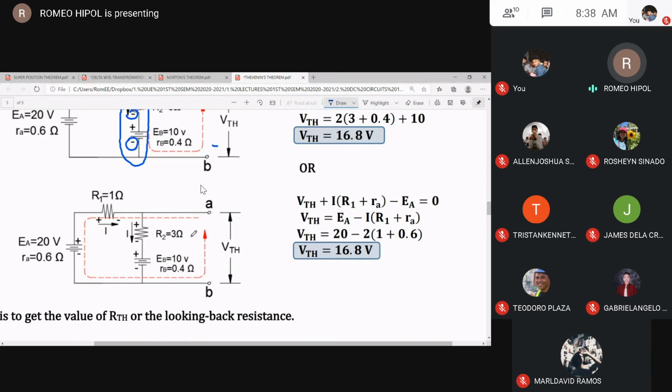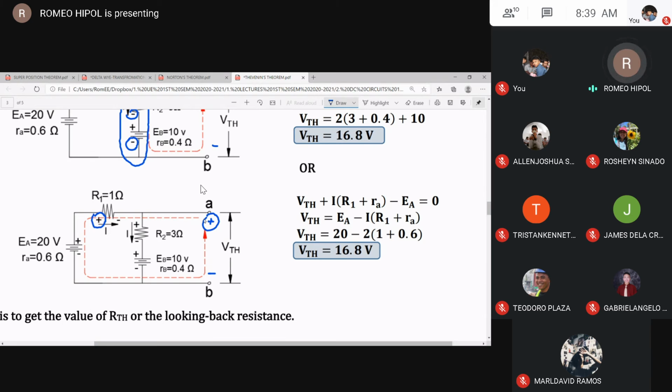So, considering the other loop, dito naman tayo sa labas. So, anong gagawin natin? So, set the polarity, positive, negative, then get the polarity where the loop comes out. So, positive across resistor R1.